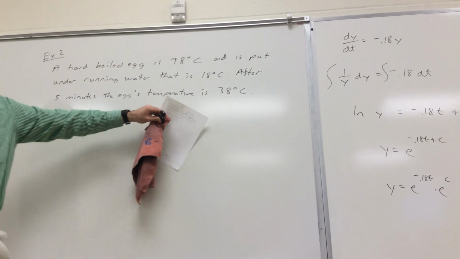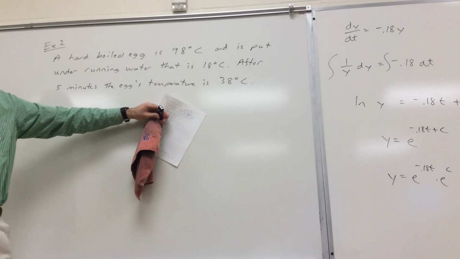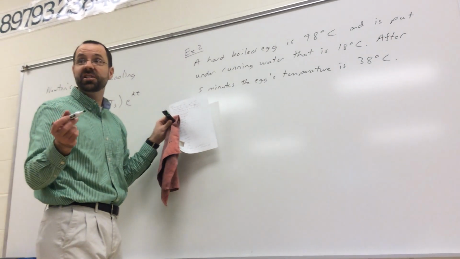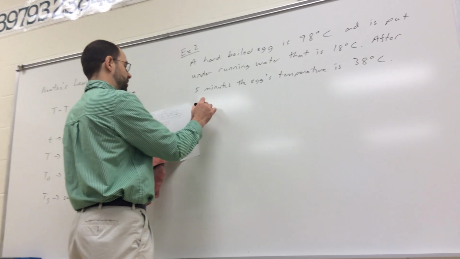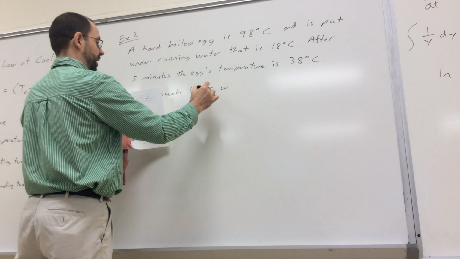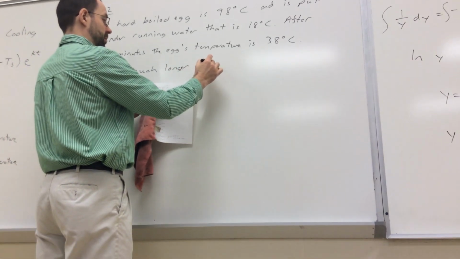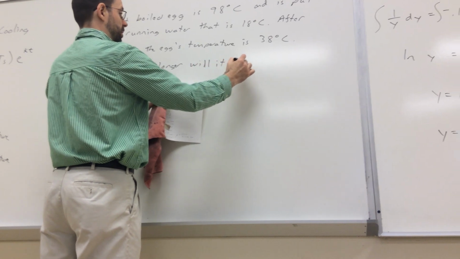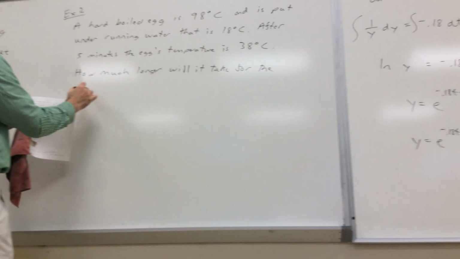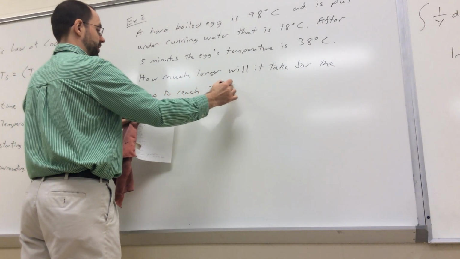So it's cooled down a lot, from 98 to 38. But 38 is still pretty hot. Okay, so you can't eat it till it's 20 degrees Celsius. So the question then is, how much longer will it take for the egg to reach 20 degrees Celsius?